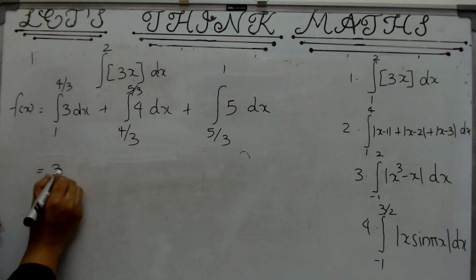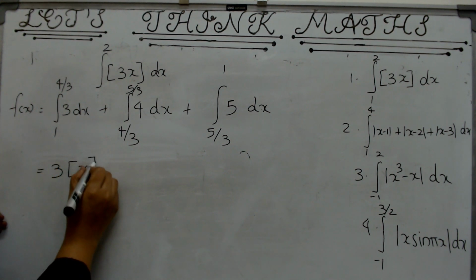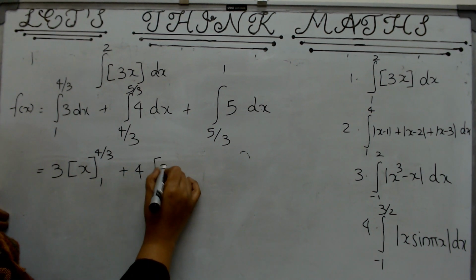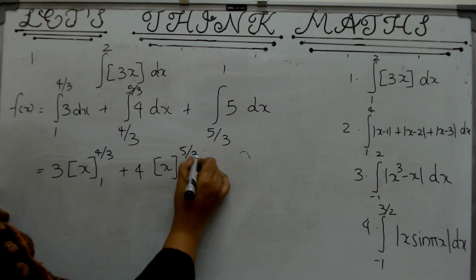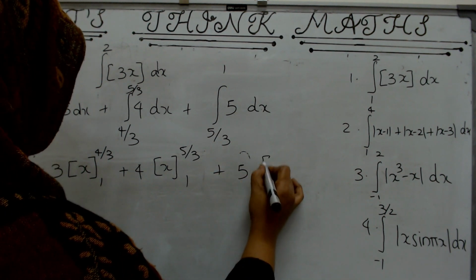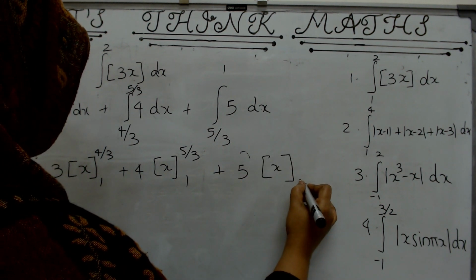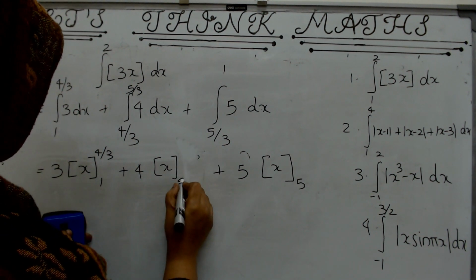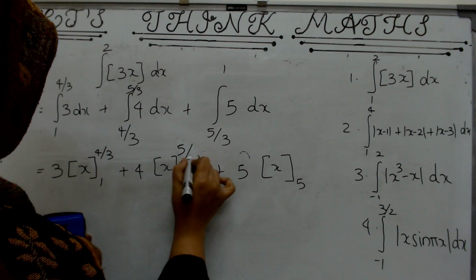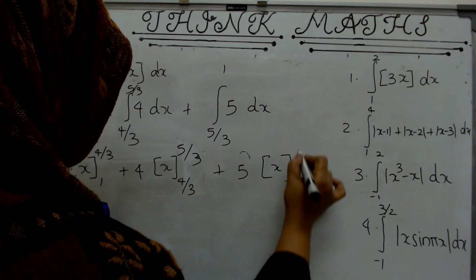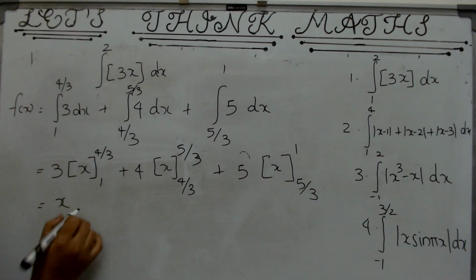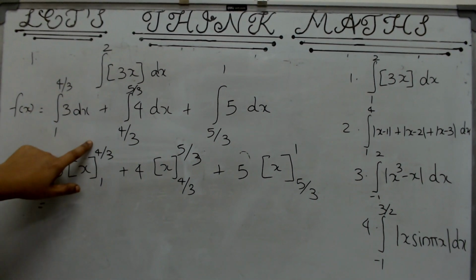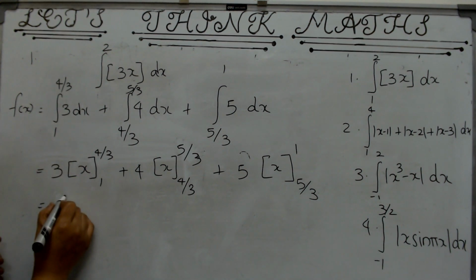So on integrating, it is a constant, right? So on integrating, you will just get an x. Here also you will get an x. Here also you will get an x. So you see here, all the difference is 1 by 3. 4 by 3 minus 1 will be 1 by 3.